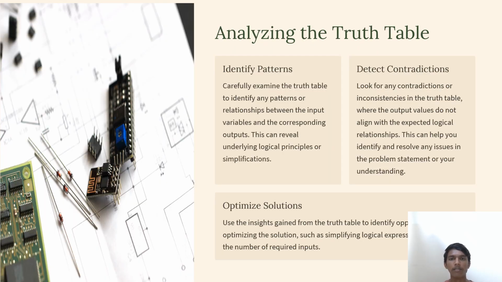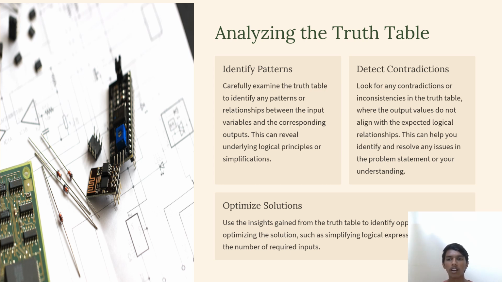Analyzing the truth table. Identify patterns. Carefully examine the truth table to identify any patterns or relationships between the input variables and the corresponding outputs. This can reveal underlying logical principles or simplifications. Detect contradictions. Look for any contradictions or inconsistencies in the truth table where the output values do not align with the expected logical relationship.